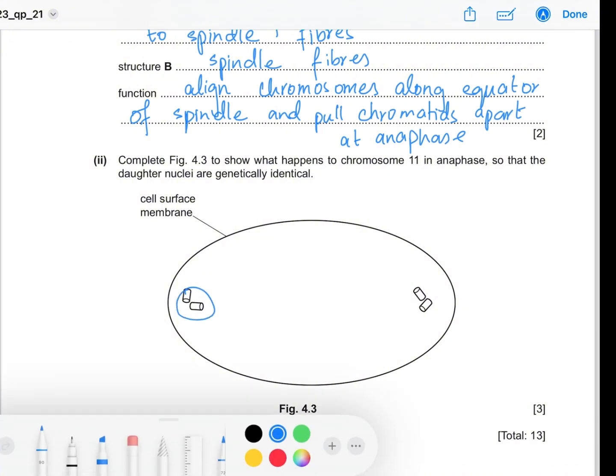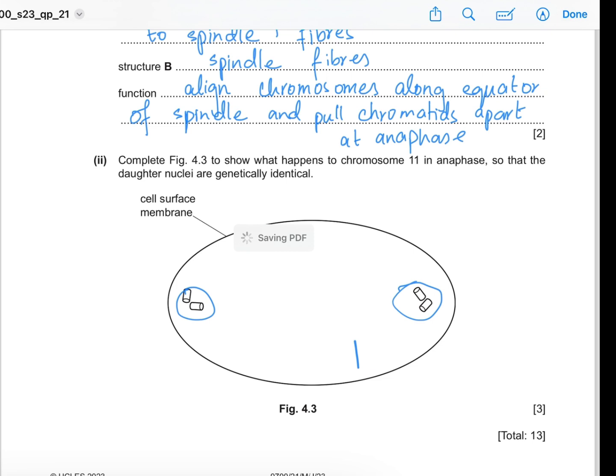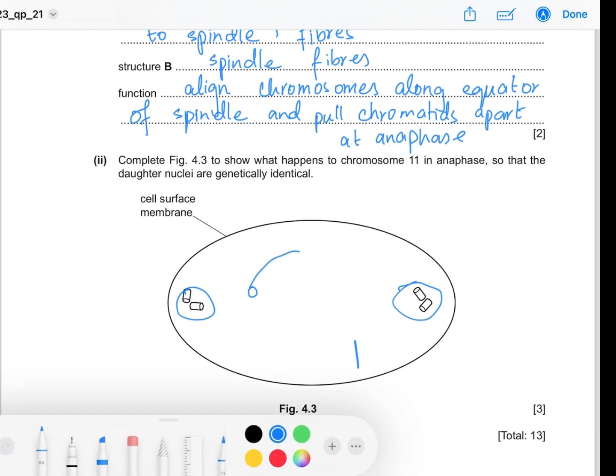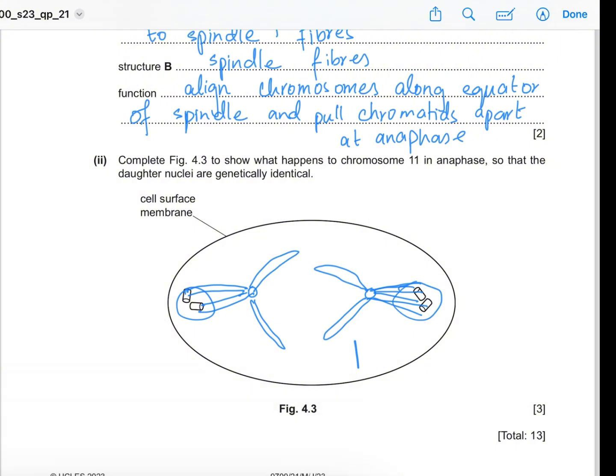So here you can see these centrioles, which are connected to the centromere of chromosomes by spindle fibers, and these will pull the sister chromatids apart from each other during anaphase, as the spindle fiber will contract in length, and this is how you will need to point the sister chromatids with the spindle fibers connecting the centromere to the centrioles.